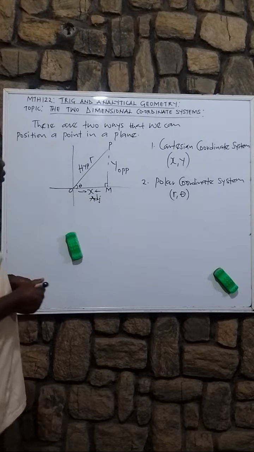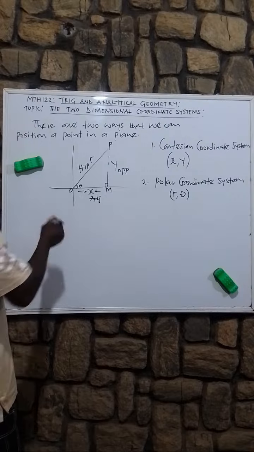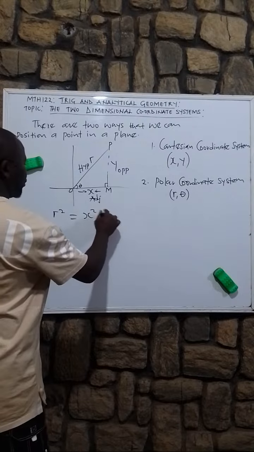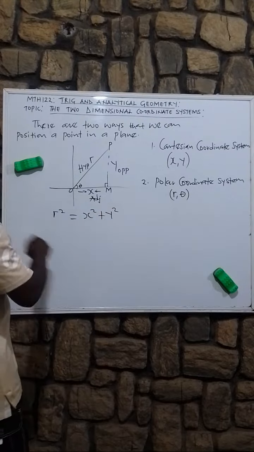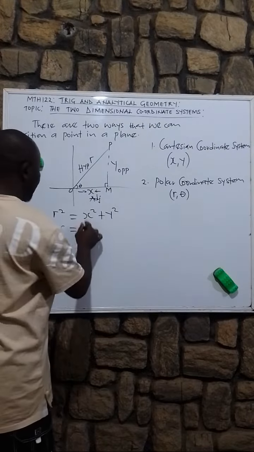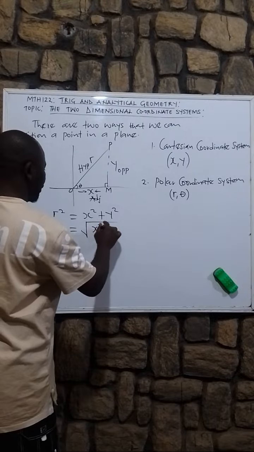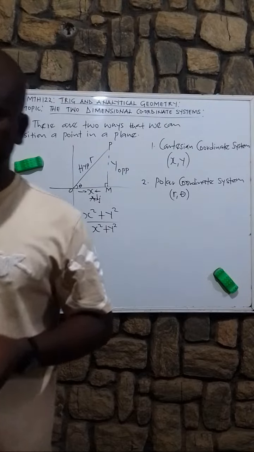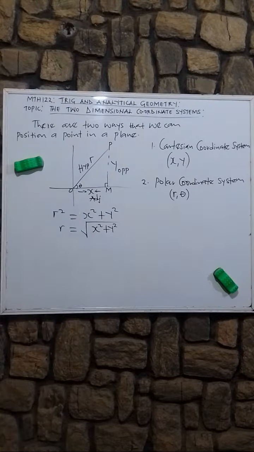So r square will be equal to x square plus y square. Then if you take square root on both sides, r equals the square root of x square plus y square. Do you understand? Are you following?